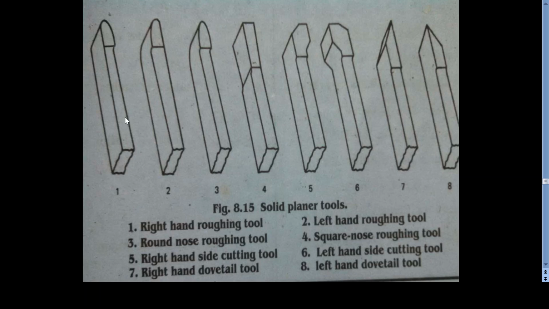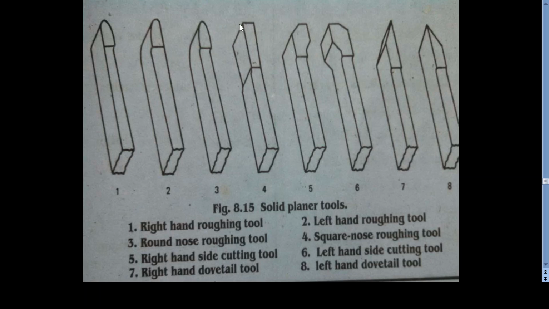Just to see this one, this is the right hand roughing tool, because you can see the cutting edge is not sharp, it has a small curve. This one has the curve on the opposite side, that is the left hand. This one is the round nose, and this is the flat square nose.